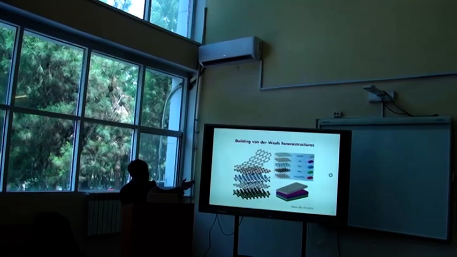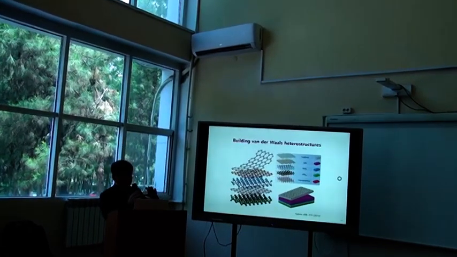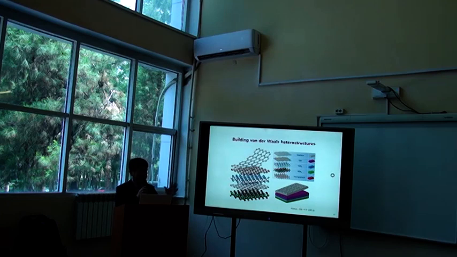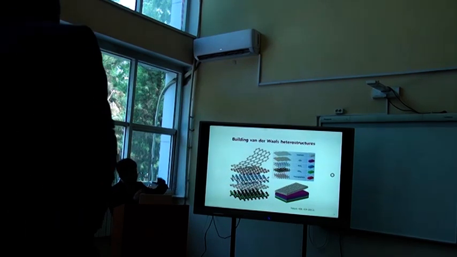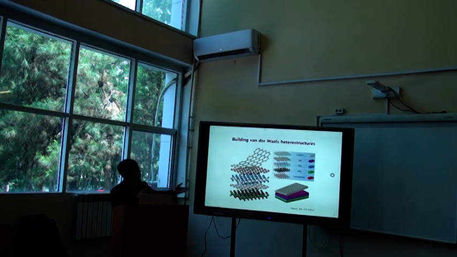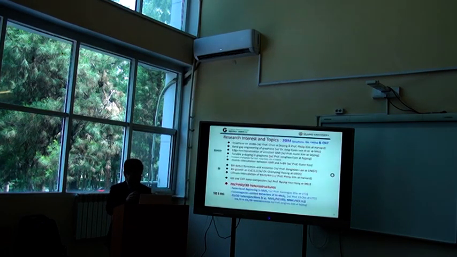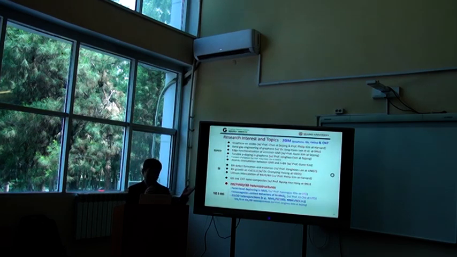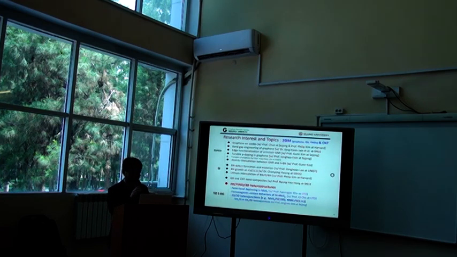And now you can see a Lego block, and when you're young you play with such blocks, and you can stack them vertically or laterally to make various material structures. And here is a list of some of my work related to two-dimensional materials like graphene, boron nitride, and transition metal chalcogenides, and one-dimensional materials like carbon nanotubes.